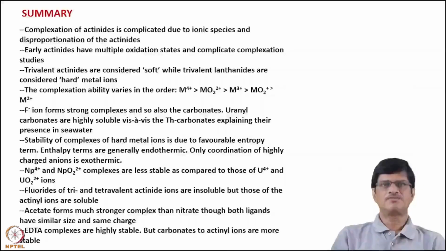The same is also the case for carbonates, which form very strong complexes. We have seen that the uranyl carbonates form very strong complexes in the +6 oxidation state. Also in the +4 oxidation state of uranium, we have seen that the log beta value is very high, around 40 for the uranium 4 carbonate complex species.